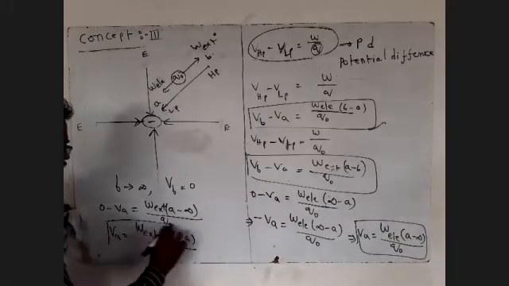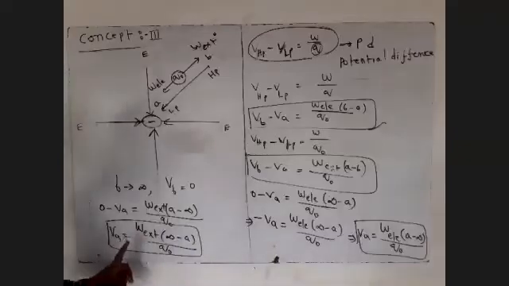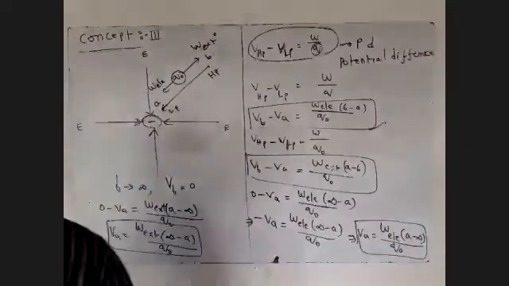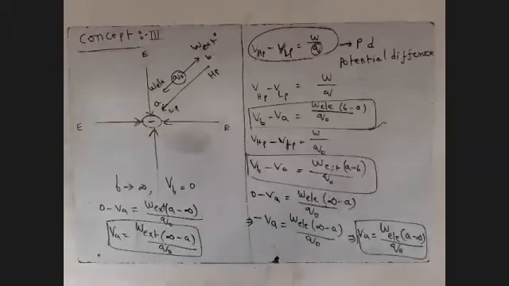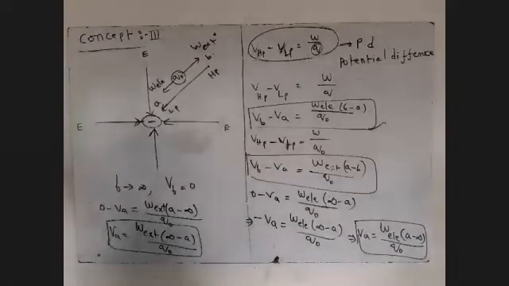This is the electric potential at point A for external work. That is the electric formula. This is concept number 3. Next, concept number 4. What is concept number 4?